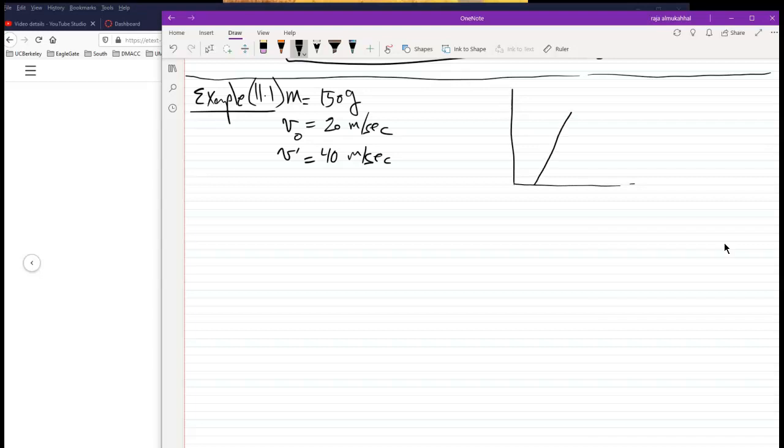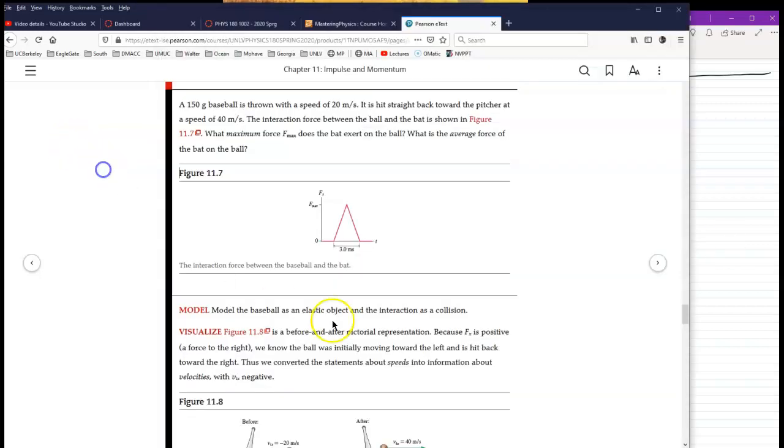Try as much as I can to make it look symmetric. Like this. The width of it, let me go back to the picture. Look at the picture. It says the width of it is 3 milliseconds. You see that? So it's 3 milliseconds, and the height, F max, is not given to us. This is what we're supposed to find.